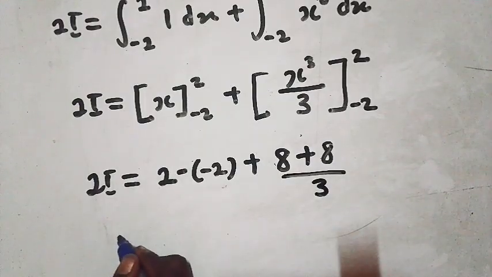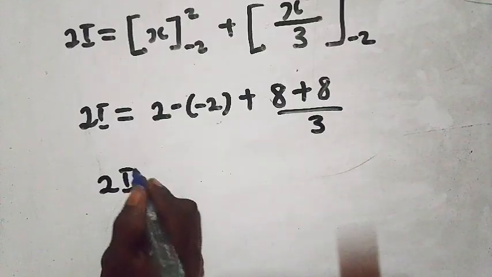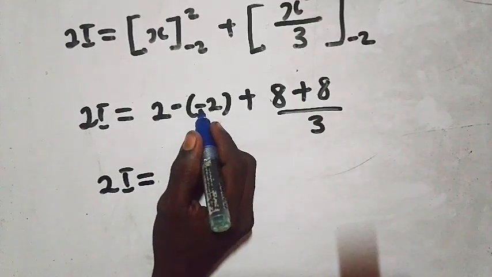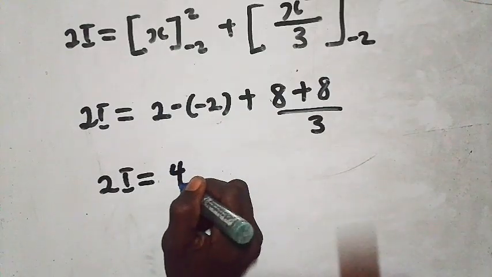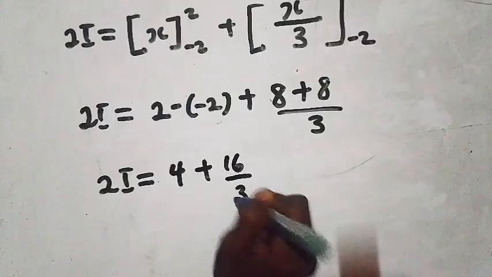Let's add. 2I will be equal to 2 minus minus 2, that is plus, 2 plus 2 will give us 4, plus 8 plus 8, that is 16 over 3.